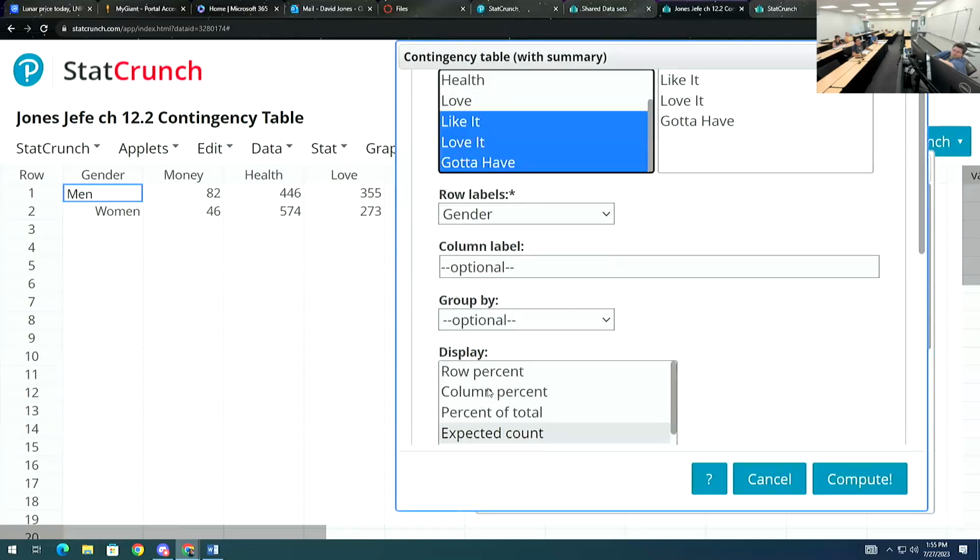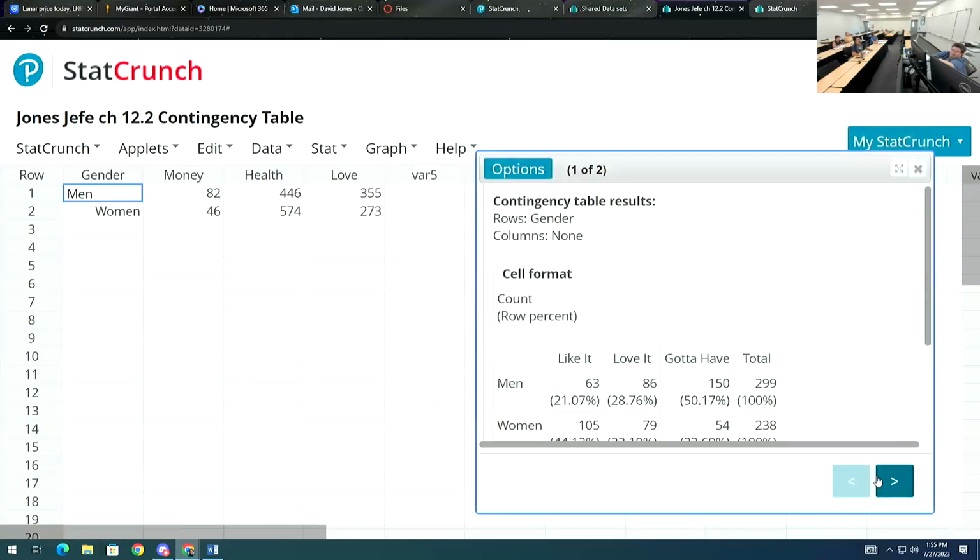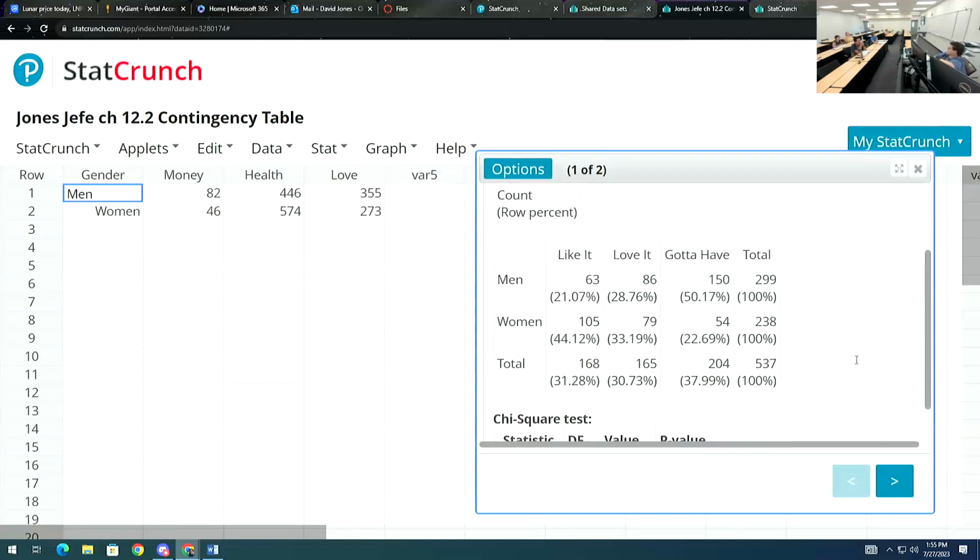Looking at row percent is kind of neat, because the old version had questions on it, so it might show up in some of your homework. If I look at men, the percentages below show the percentage of men that chose that category. 50.17, over 50% of the guys said, I want a large cup.